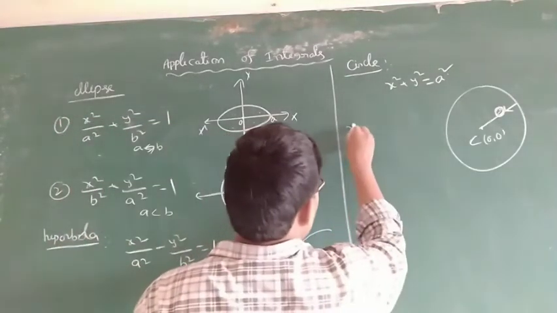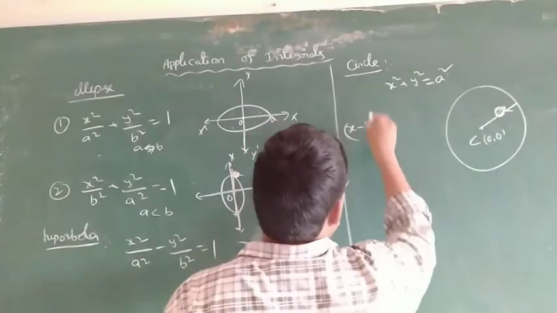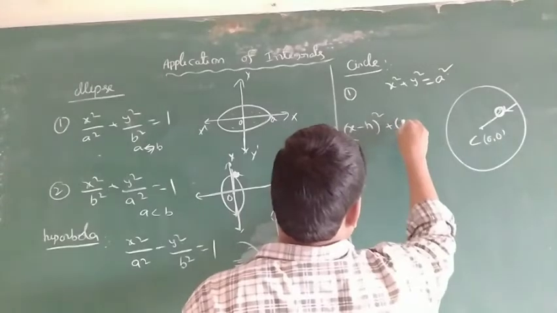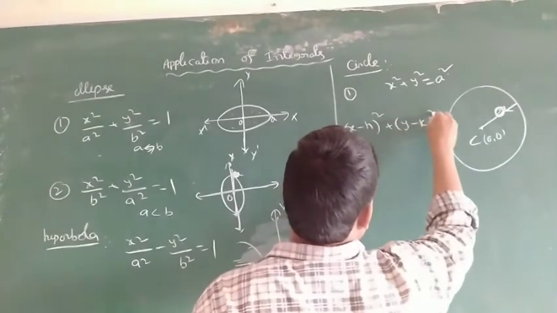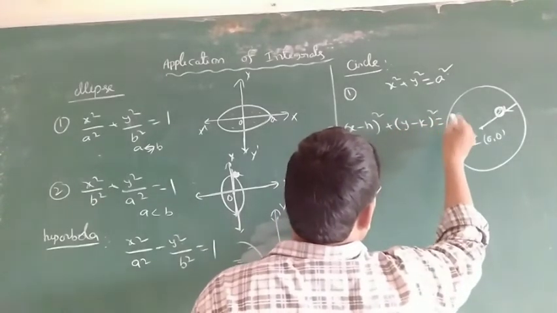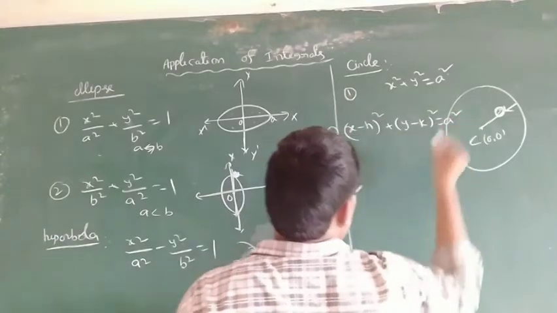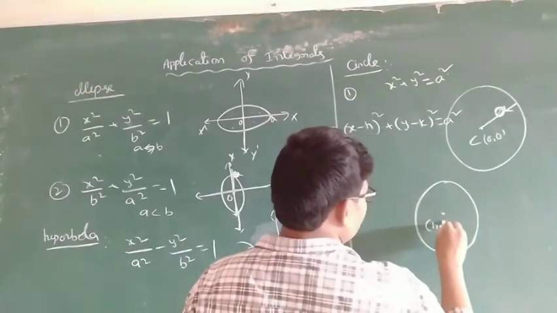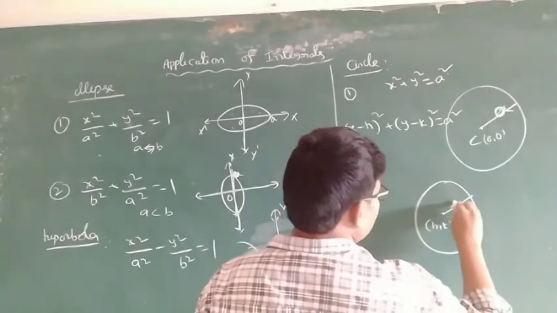Next, (x minus h) whole square plus (y minus k) whole square is equal to a square. This is also a circle. The center is (h, k), radius a.